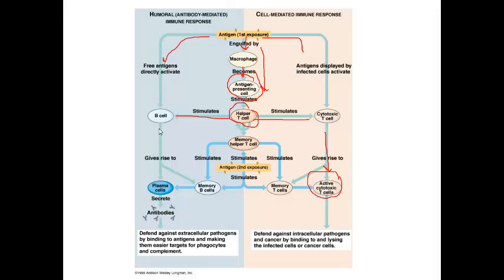The B cells turn into plasma cells, which are going to make antibodies. Again, these antibodies are going to remain in your bloodstream in case you have a second exposure later on in life. You can see here that memory Bs are also made, memory Ts are also made as well.